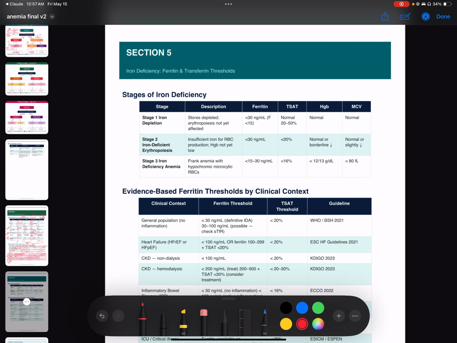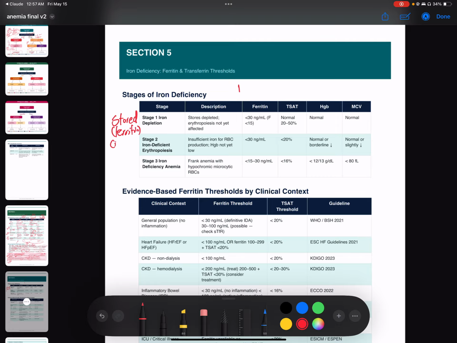So actually, there are three stages of iron deficiency. Not all iron deficiency will cause anemia. The thing is, you have three different phases of iron. Let's say we have stored iron, which is represented by the ferritin.